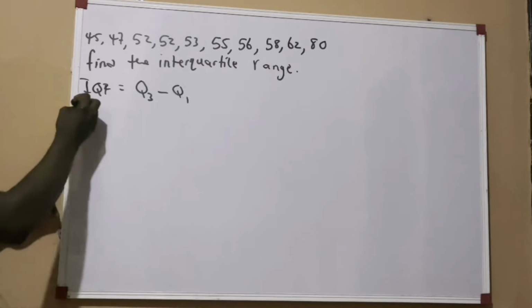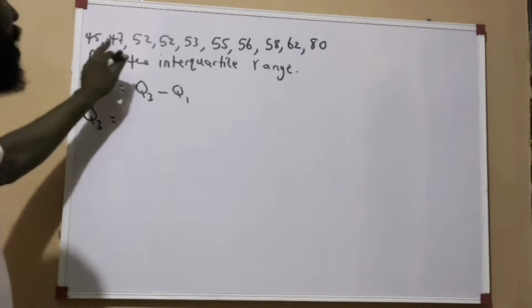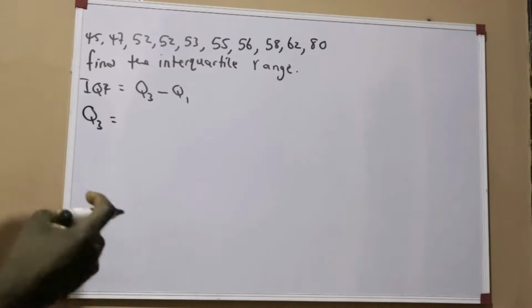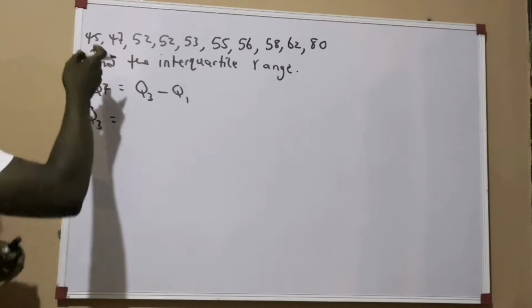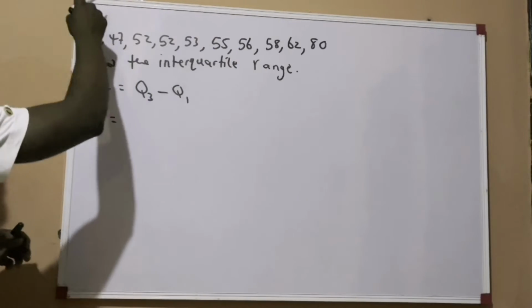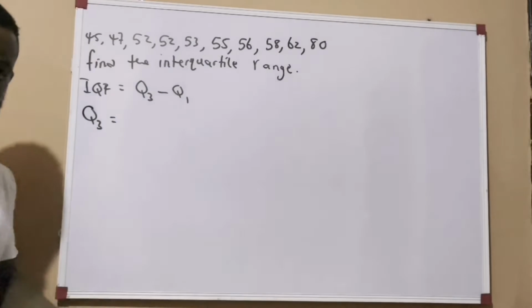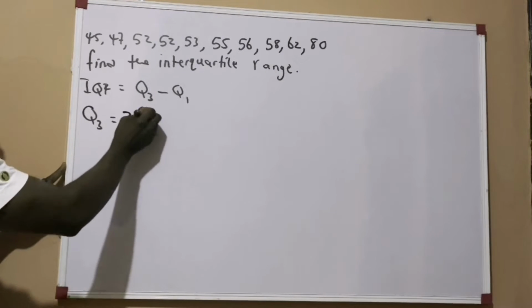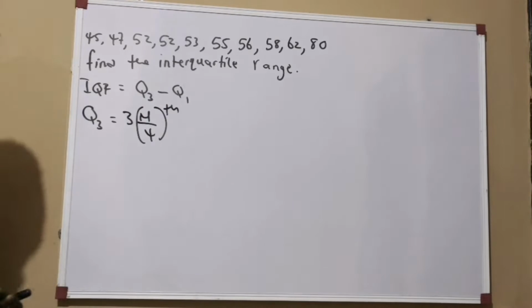The formula for the third quartile, Q3, is for when the number of observations is even. When I say even, it means numbers that can be divided by 2 without any remainder. The number of observations we have here is 10, which is even, so the formula for the third quartile is 3 times n over 4, raised to the power of th.